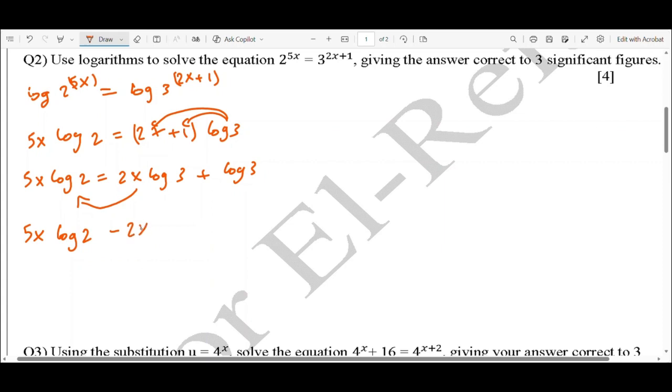Have x as a common factor: x times 5 log 2 minus 2 log 3 equals log 3.